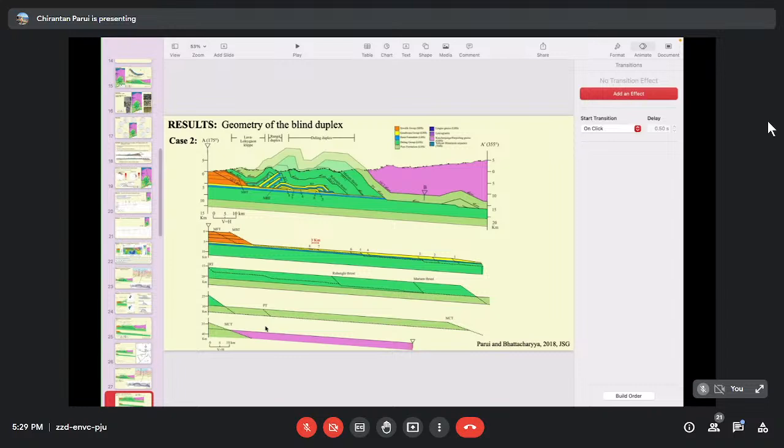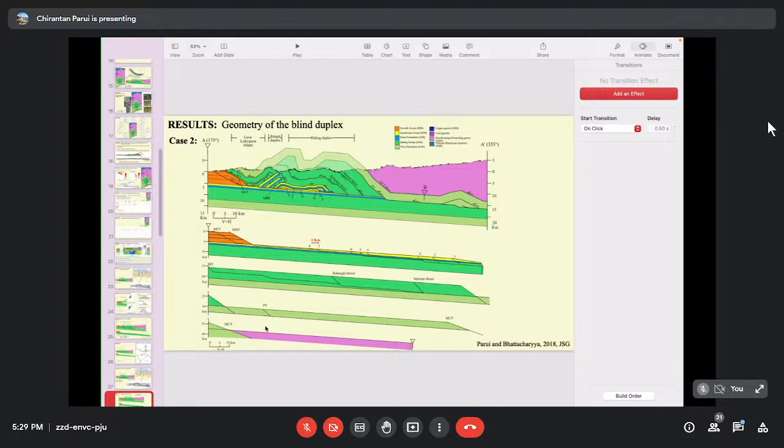So the concept of a balanced cross section, if you think about it, is actually inverting the deformation. Inverting all the components of deformation, whether it is translation or rotation.